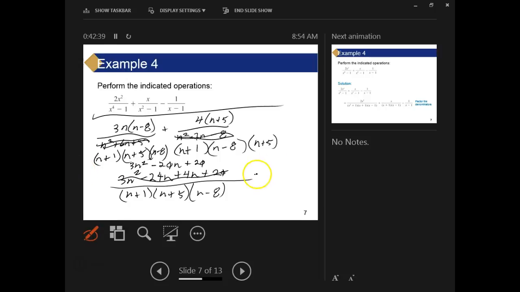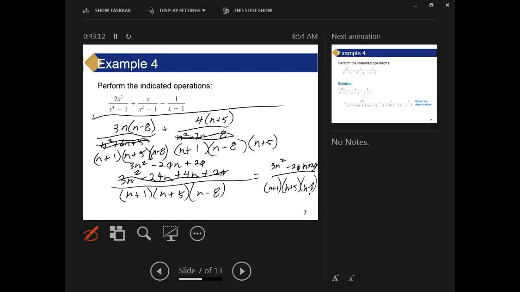So our answer is 3n squared minus 20n plus 20 over these three factors, n plus 1 times n plus 5 times n minus 8. Now, if you multiply those out, knock yourself out. But it's not necessary. Perfectly okay to leave it in factor form. There's just no reason to factor the numerator. We know it won't produce a common factor.